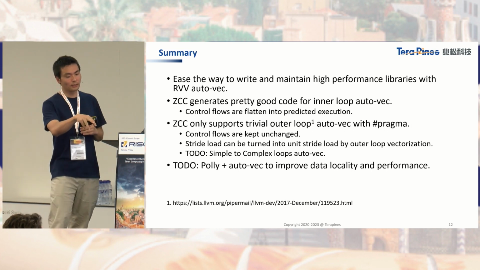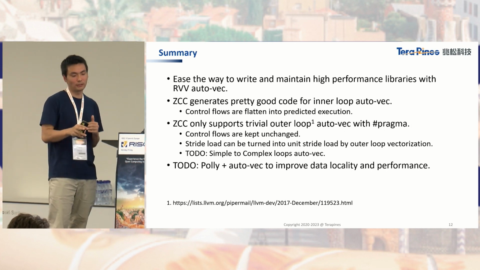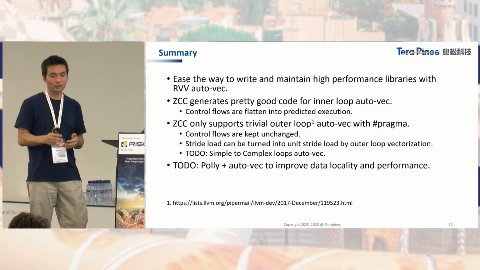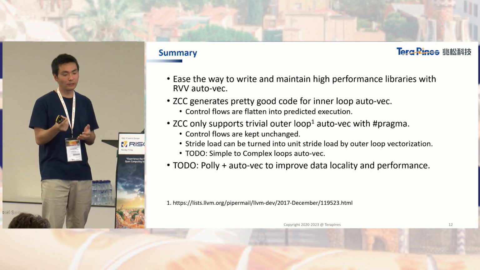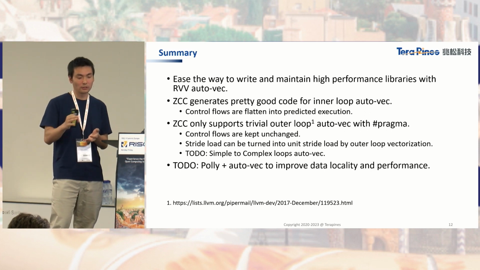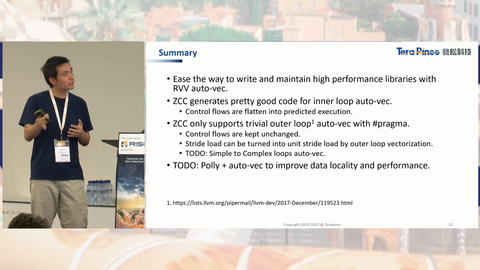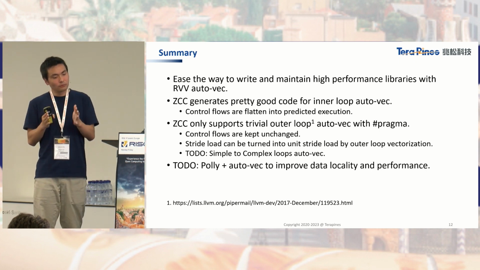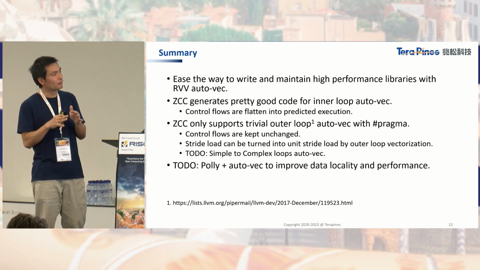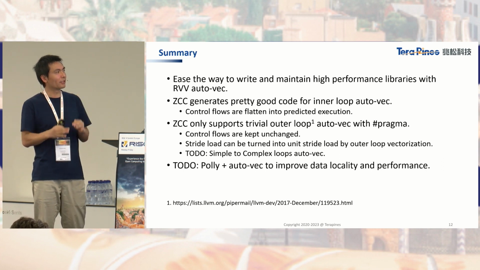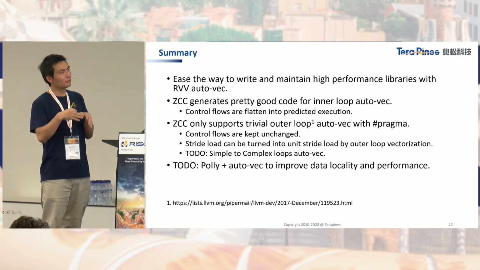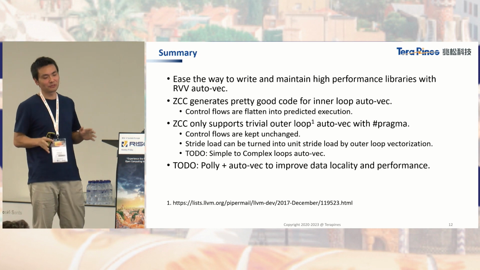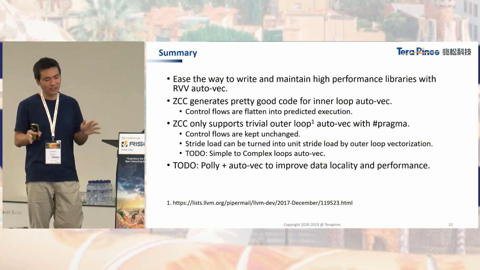Based on the link at the bottom of the screen, outer loop vectorization is divided into 4 categories. Currently, we only support a trivial outer loop auto-vectorization with the hint of pragma. Outer loop vectorization is quite difficult and different from the innermost one, because you can't change the control flow. You must keep the control flow unchanged.